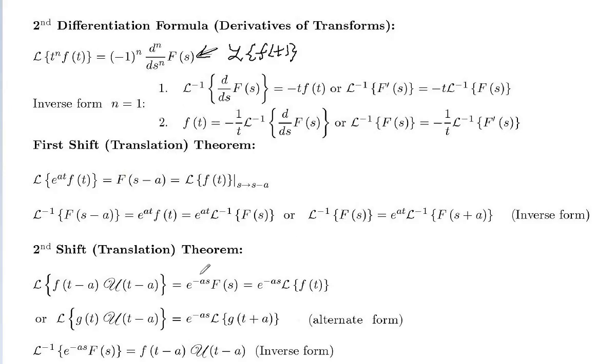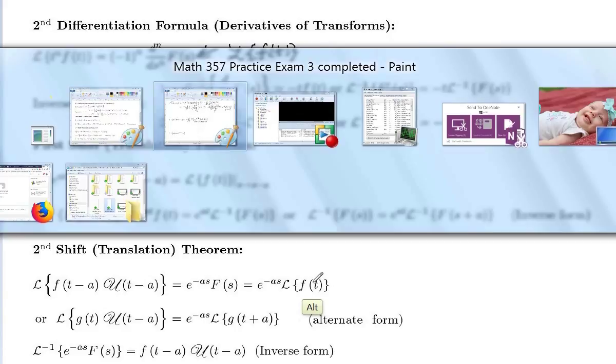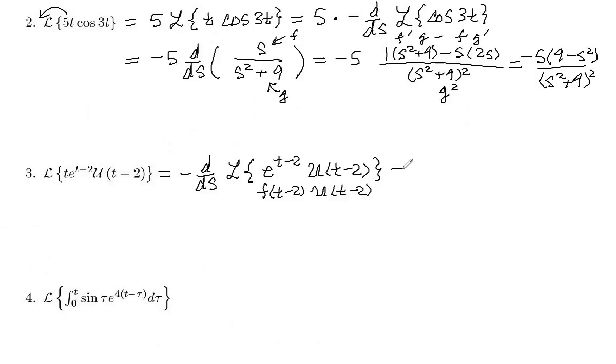So that Laplace transform is going to give e to the minus as times the transform of the unshifted function. So this is going to give us a negative derivative with respect to s.